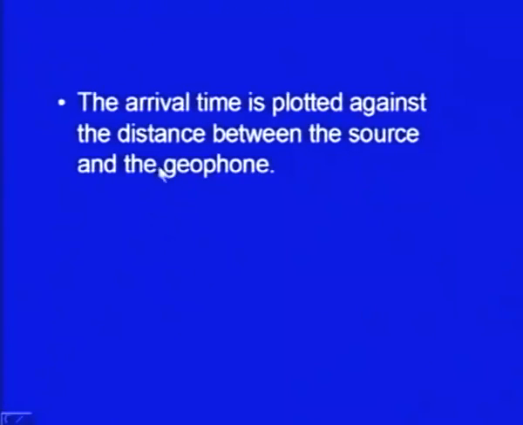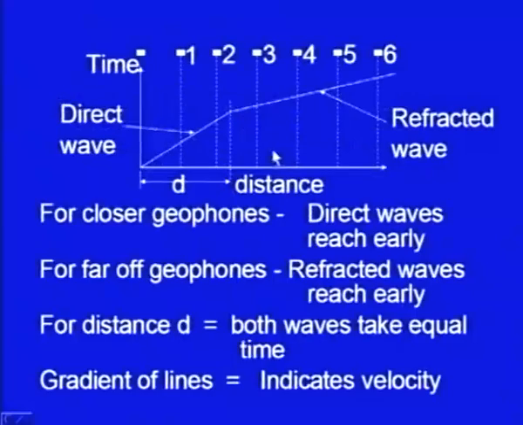So, what we do is, we record the arrival time. The arrival time is then plotted against the distance between the source and the geophone. Here I have shown the plot. Here is the distance. These are the geophones 1, 2, 3, 4, 5 and 6, and here I have plotted time.